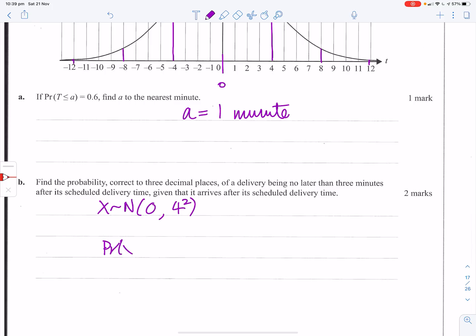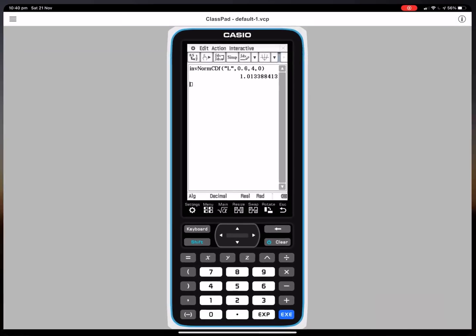The probability that x is less than 3, given x is greater than 0, is the probability that x is between 0 and 3, over the probability that it's greater than 0.